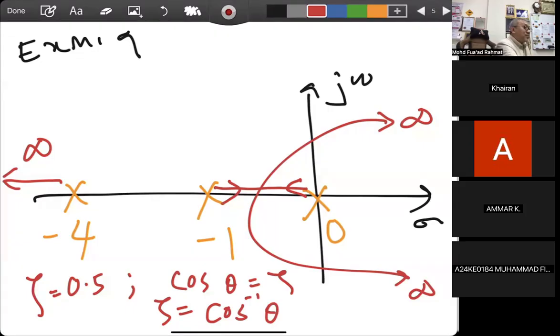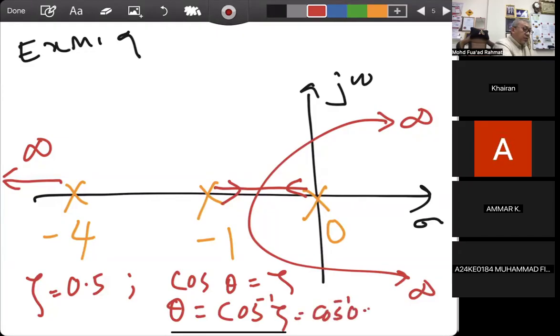Sorry, theta is equal to inverse cos zeta. So inverse cos 0.5, theta is equal to what?